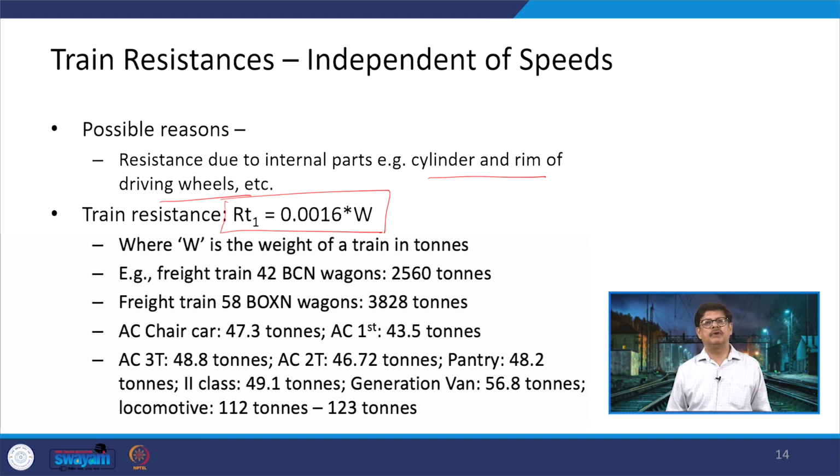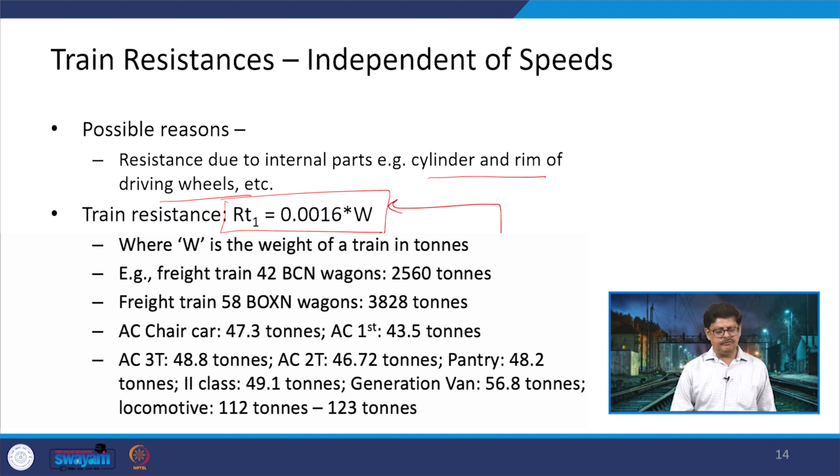So, this is the amount of load being carried, and if we bring this load here as W and multiply with 0.0016, we get a substantial value in terms of the resistance being offered here. And this is independent of speed. This is only because of the locomotives and wagons and their weights and their couplings and their various other components.